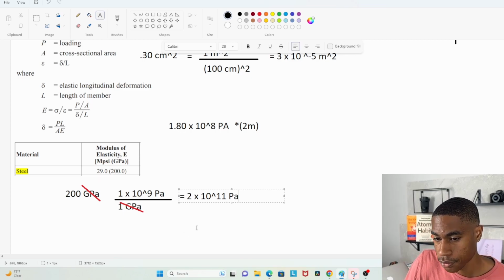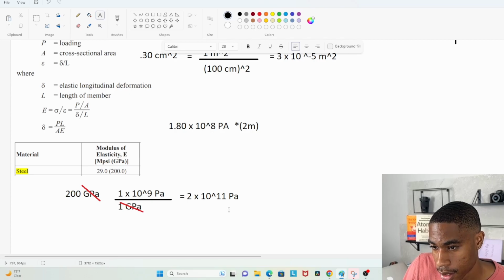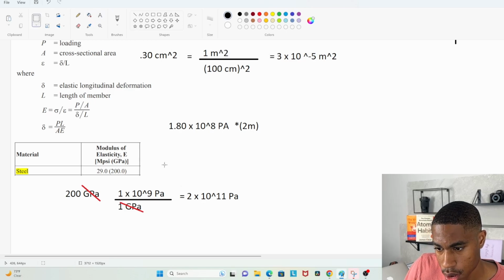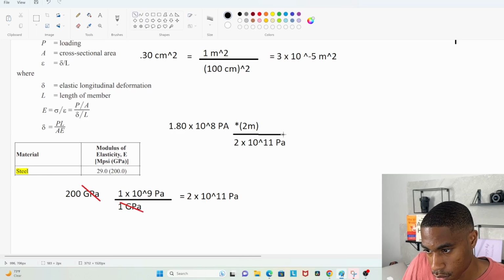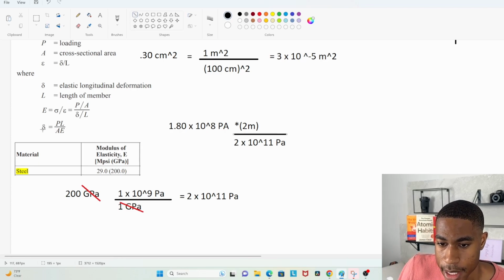All right, so now we have our Pa value, which should have been the last thing that we needed. All right. So let's see how many meters we're left with. All right, so hopefully you see what I've done here. I've just basically done my deformation, which is equal to PL over AE.